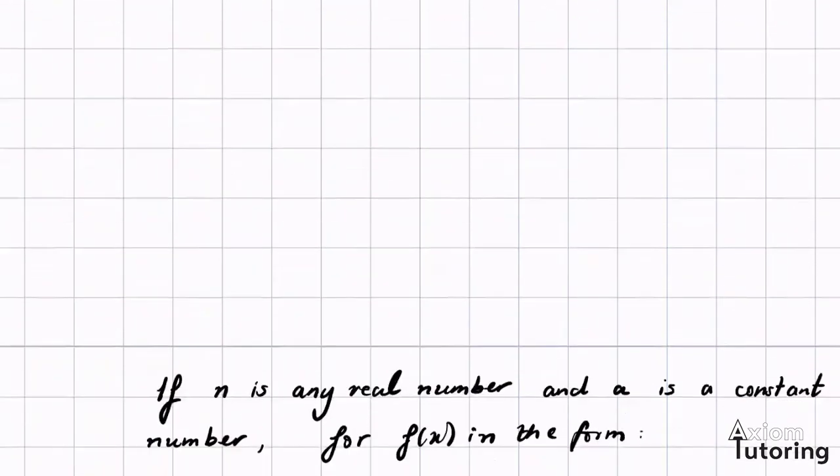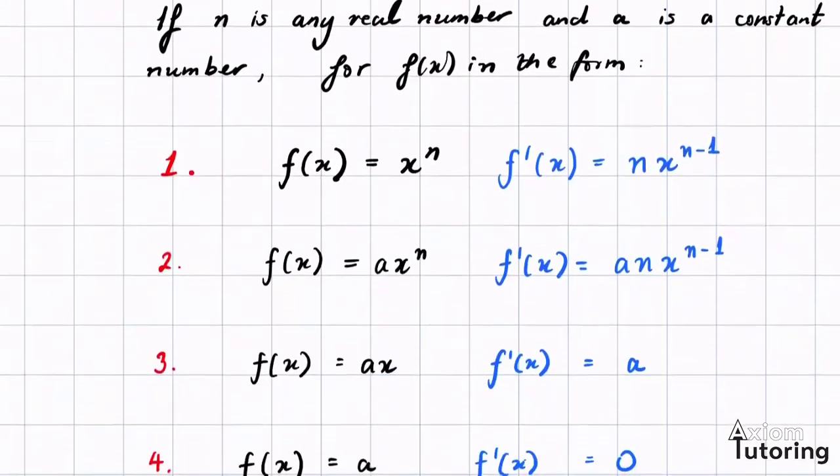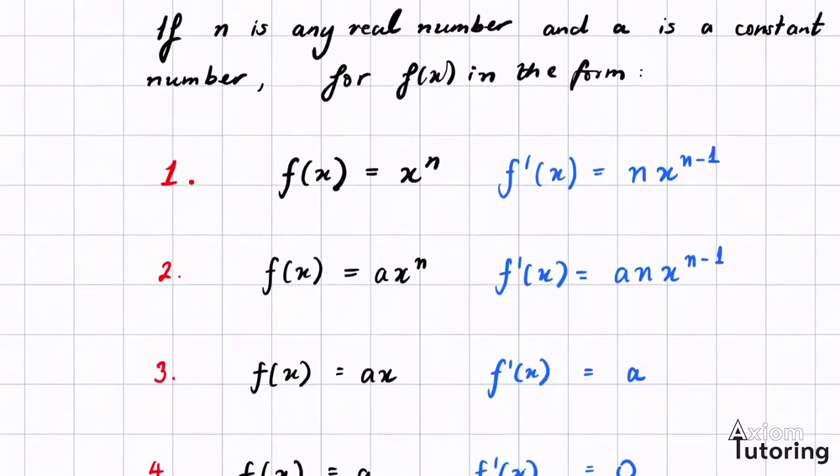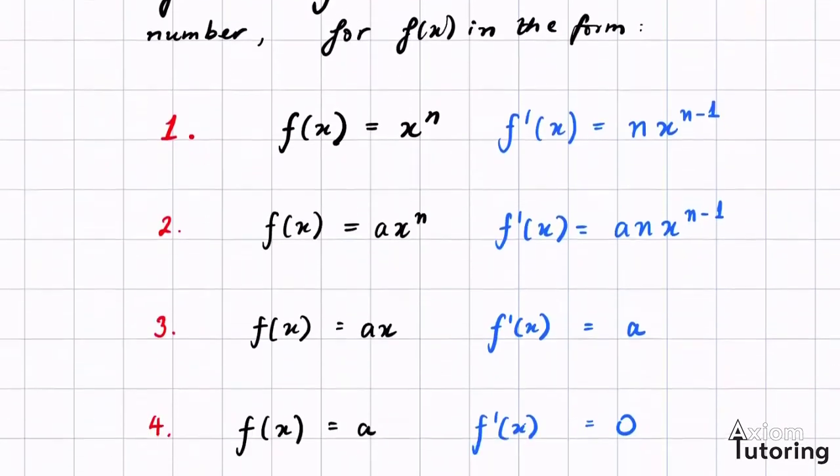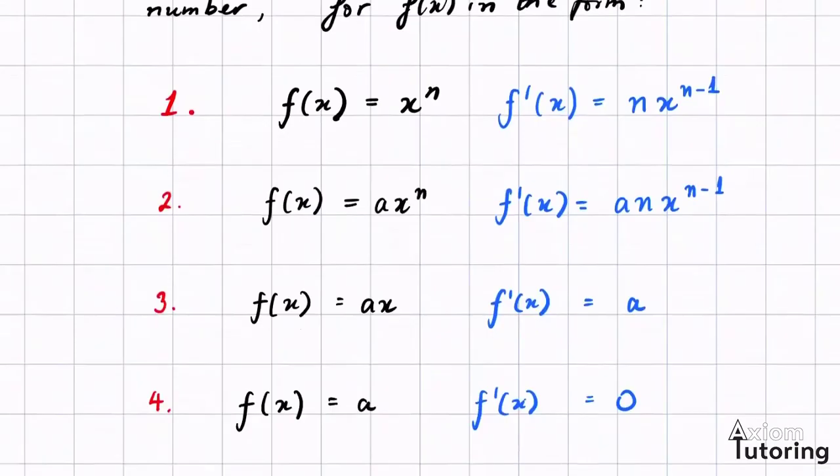So let's have a look at the formulae here. If n is any real number and a is a constant number, for f of x in the form f of x equals x to the power of n, if we want to find the derivative of that function, f dash of x, we bring down the n.